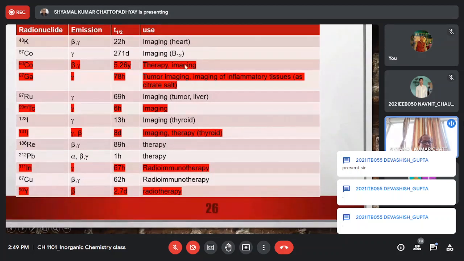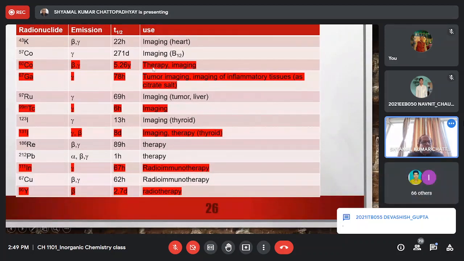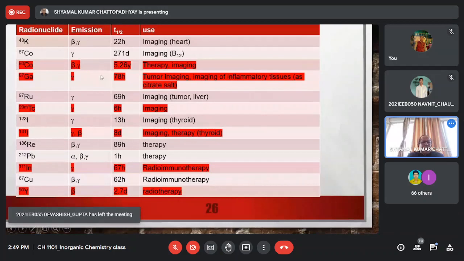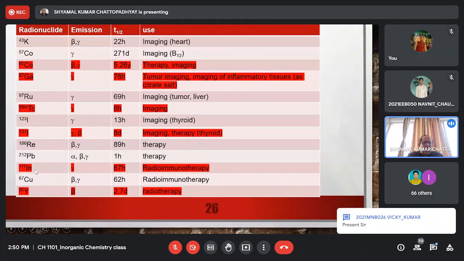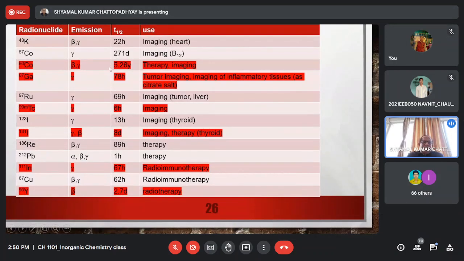Though they get marks, they do not get full marks, because previously cobalt 60 was used much for therapy, but nowadays, with the discovery of some new isotopes, cobalt 60 is more for imaging purposes, and as you can see, its half-life is too long, right?